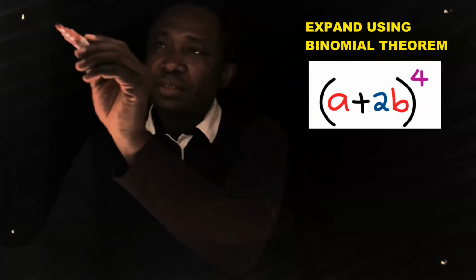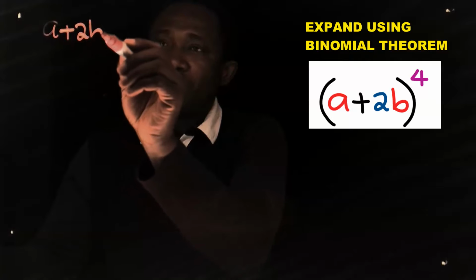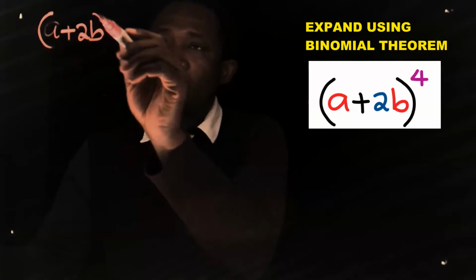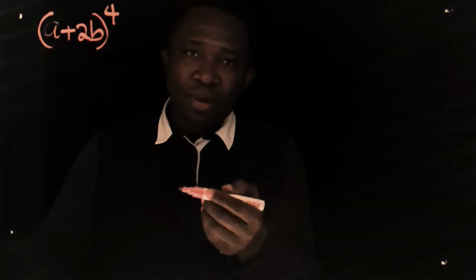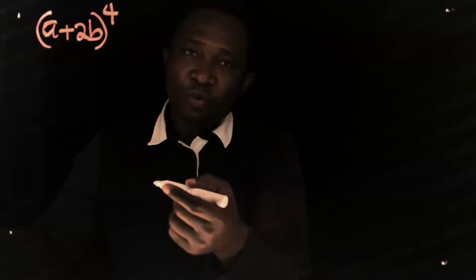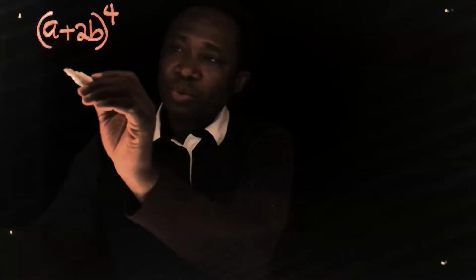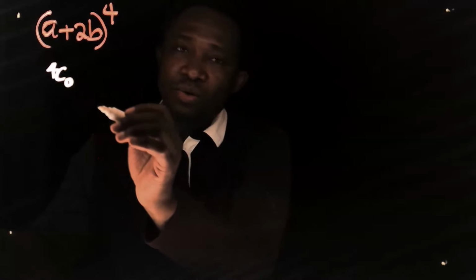Let's expand (a + 2b) all to the power of 4 using the binomial theorem. The highest power here is 4. Hence, I will start with 4 combination 0.